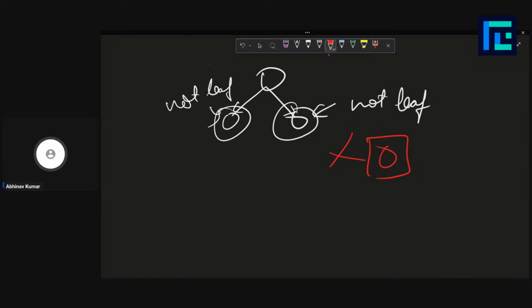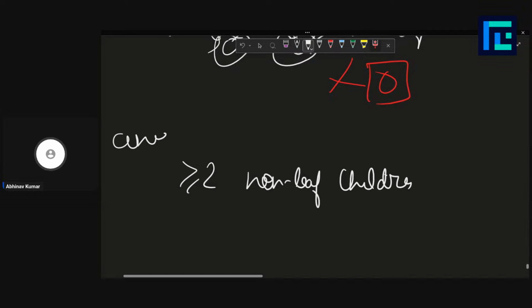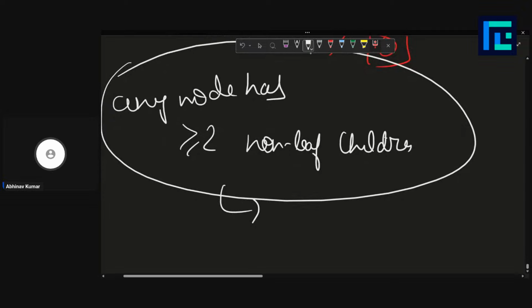There is no valid assignment. So whenever you have a node having greater than or equal to 2 non-leaf children, we can say that no valid assignment exists. Our answer is 0.